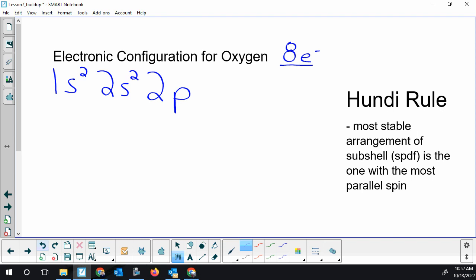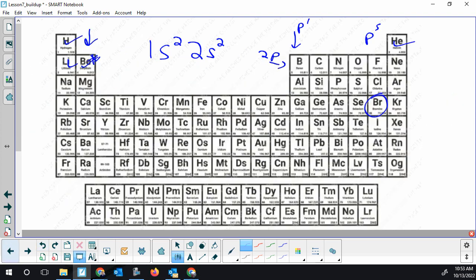And we've done 4 already. So we need 4 more in the p. And that will give us our 8. Now, if you just count in your table, where's oxygen? There's 1 p, there's 2 p's, there's 3 p's, there's 4 p's. I knew it was going to end in p4 before I even started the problem, due to the pattern of the table.